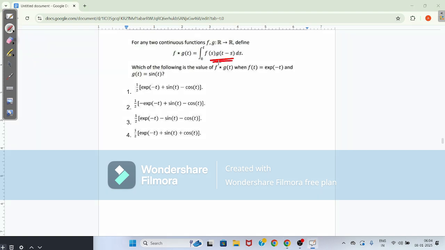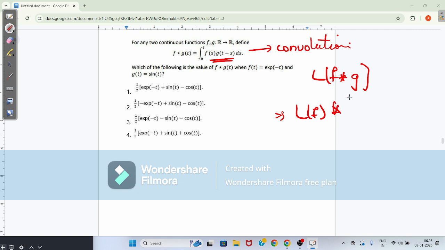Given, this is the question which has been given. This is the convolution method. Now find the Laplace transform of f star g, which gives L of f times L of g here. So L of f gives 1 by s plus 1 because given exponential of minus t, and L of g, this is sine.